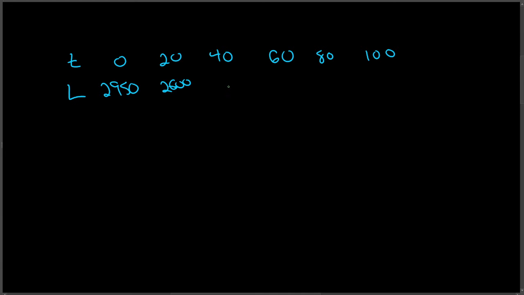And so, as a mathematician, or in whatever field you go into, when you use mathematics with data, you can make an assumption of a model, or you can see what your data is telling you the model should be. Now, if we plot this data, we find that we start at 2,950 nanograms per milliliter.